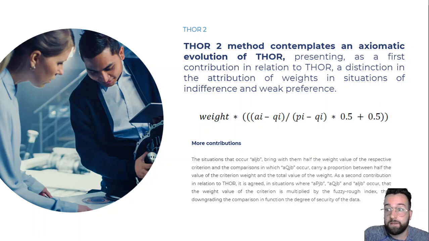And as a second contribution in relation to THOR, in situations where APJB, AKJB and AIJB occur, the weight value of the criterion is multiplied by the fuzzy pertinence index, thus downgrading the comparison in function of the degree of security of the data. The original THOR only considers the multiplication by the index in the situation AKJB, downgrading the gain only in that case. THOR 2, however, will also include the downgrading of the score in situations of strong preference and indifference.